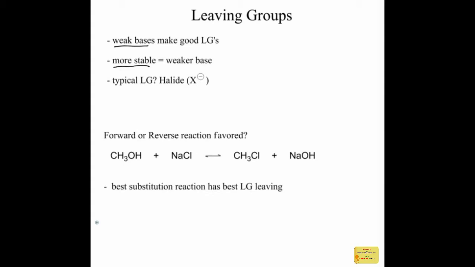So really what we're just looking for is a species that's stable on its own. So things like halides, not so much fluoride for an SN2, that's a pretty lousy leaving group, but chloride and bromide and iodide are all good leaving groups. Typically iodide is the best leaving group.